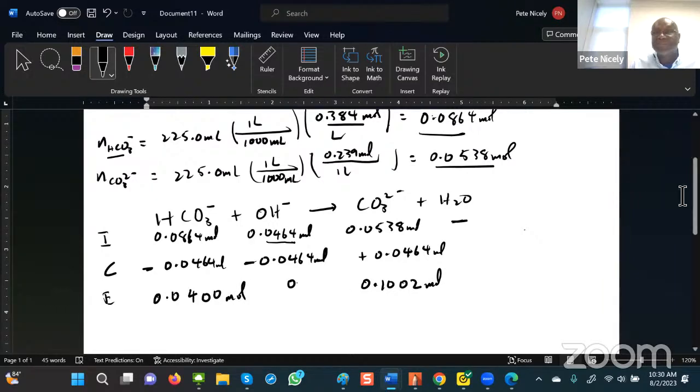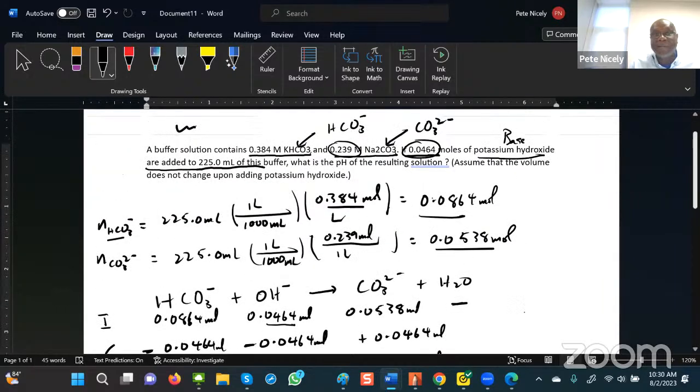All right, so let me scroll back up here because I need to be reminded of something from the question. Okay, it's asking for the pH, and it also says assume that the volume does not change upon addition of potassium hydroxide. So the volume we're working with here is the 225 mL.